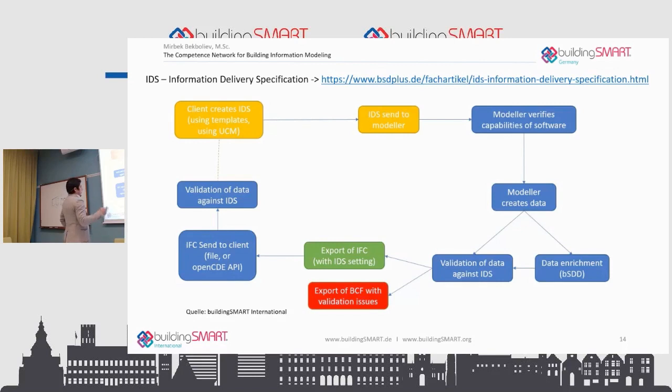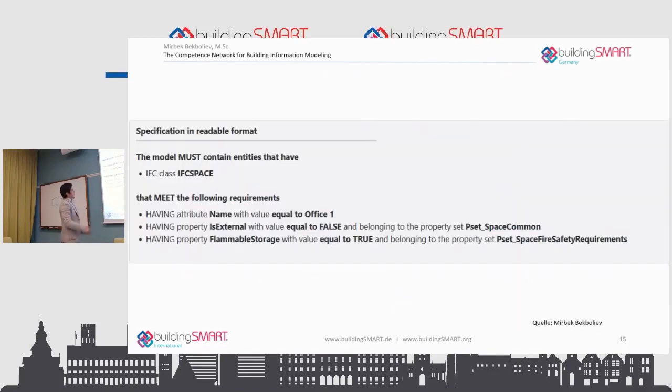I got my IFC and I can validate it. Just an example. I want to have a space. It should have a name. It should be a name that should be tagged and so on, right? So I want to say, of course, I also want to have the spaces, if it's external or not, it's not external.